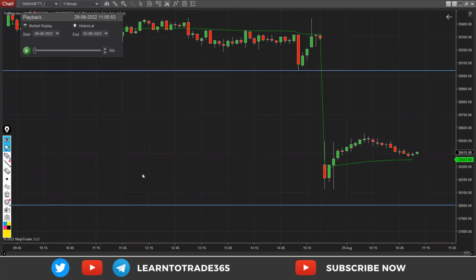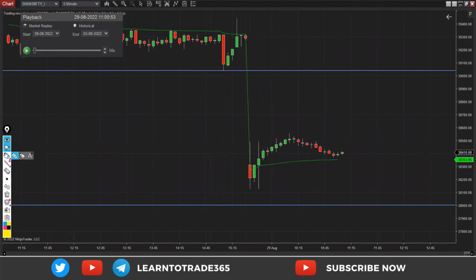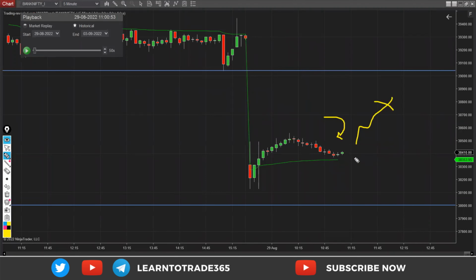If the narrow range is forming, we need to be very cautious, because there is a possibility that momentum up or momentum down can come in. I'm not saying it will come, but it can come into the picture. But for that, we need a plan. Simple.